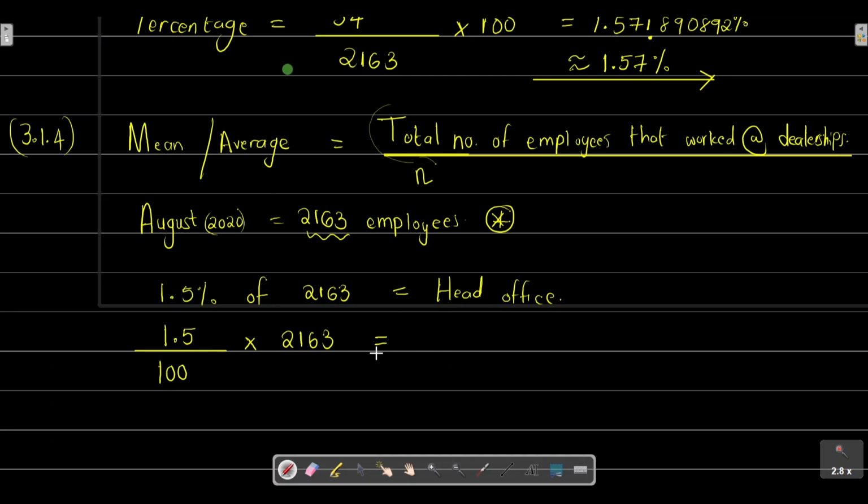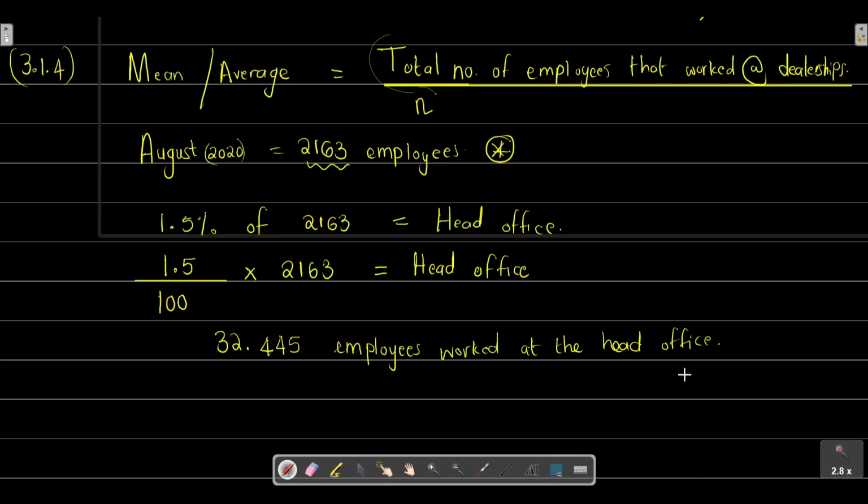This value will give us the total number of employees that work at the head office. If you punch 1.5 divided by 100 multiplied by 2163 into your calculator, you will get 32.445 employees who worked at the head office.